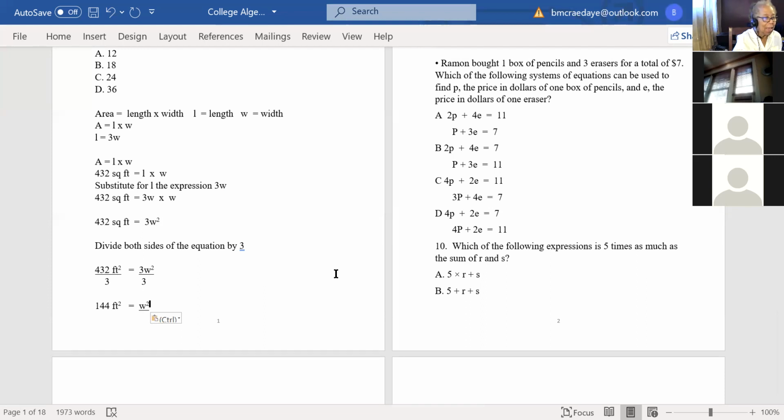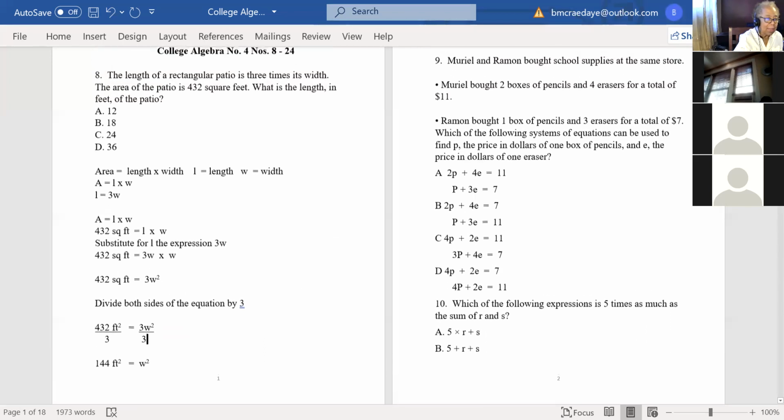Now, what do we do next, Latoya? You've got to find the square root of 144, which is 12. Very good. So I'm going to the next line and copy this.